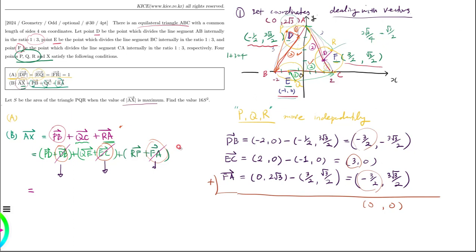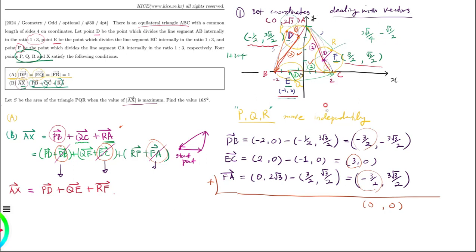In vector vocabulary, it goes to somewhere and then it goes back to the original start point, so it does not contribute. So vector AX is actually the sum of three vectors, PD plus QE plus RF.